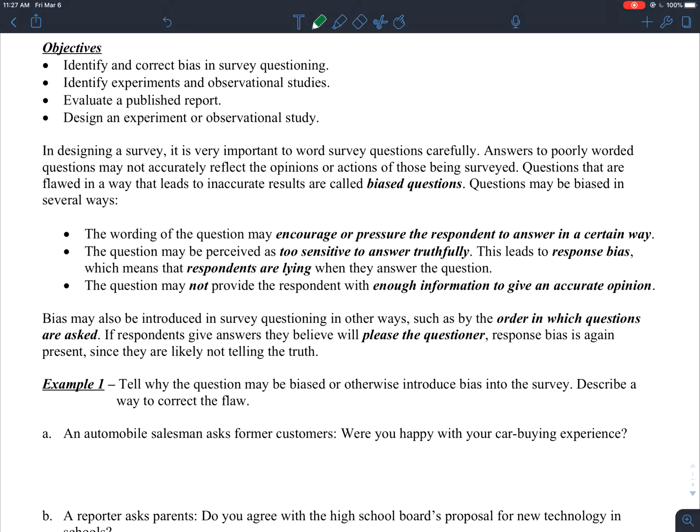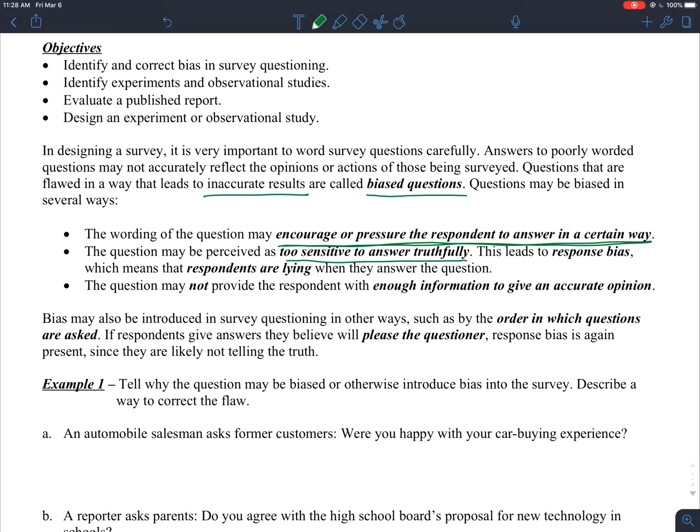The first type, let's say encouraging or pressuring a respondent to answer in a certain way. You say, hey, this teacher is the best teacher in the school. What do you think? Is he a good teacher? Something like that. And so you're leading the person in a specific way, or just not giving enough information. Okay, so if I ask you a question about, I don't know, what do you think about the specifications of the new Samsung Galaxy S20 Plus or S20 Ultra?